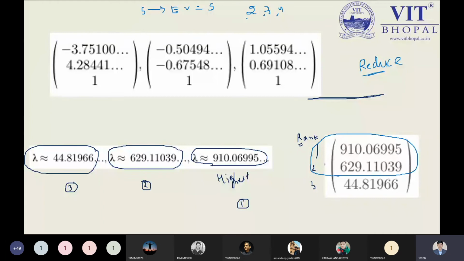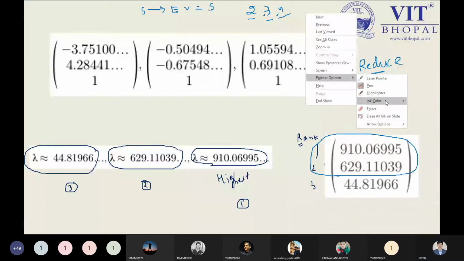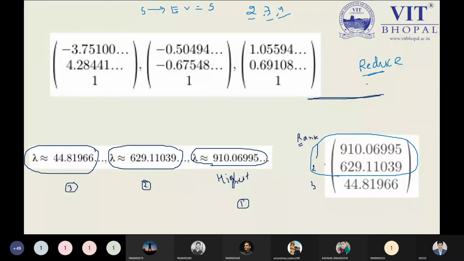You can select the top two, the top three, or the top four eigenvalues rather than all five, because you're trying to reduce something. So here, out of the three, I'm choosing only the top two eigenvalues. Is this point clear, to reduce the dimensionality? Any doubt, please ask me. No, sir. Okay.